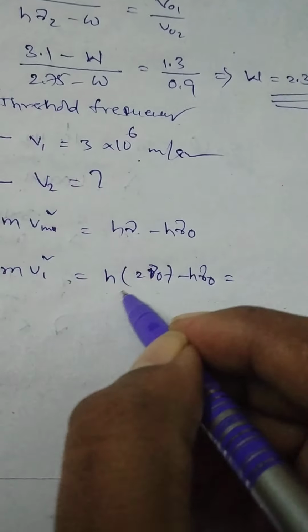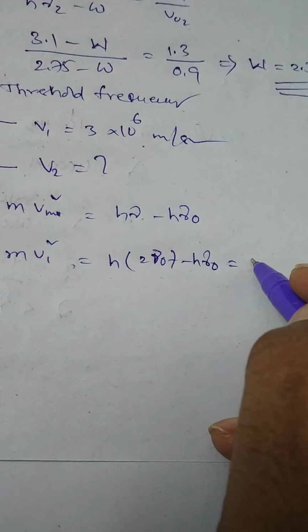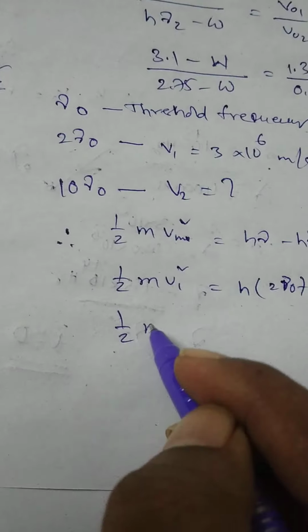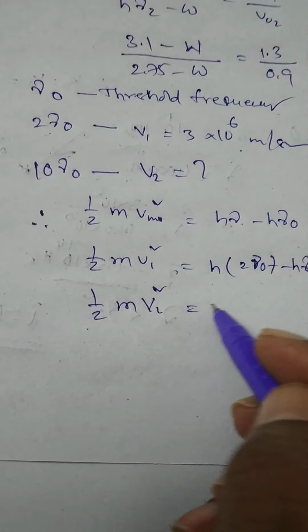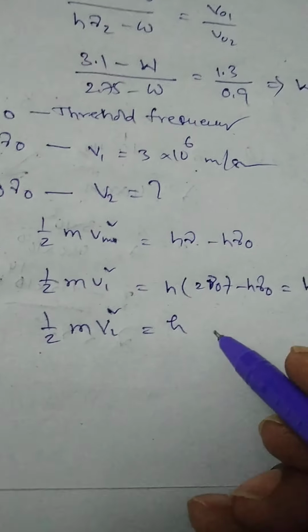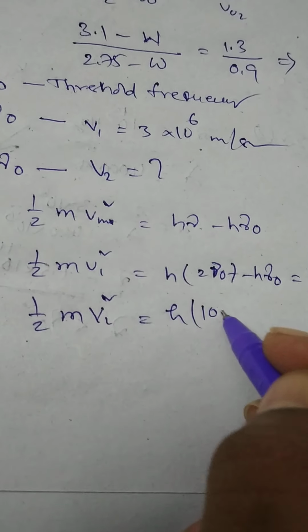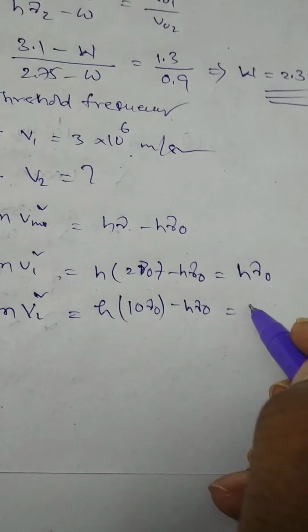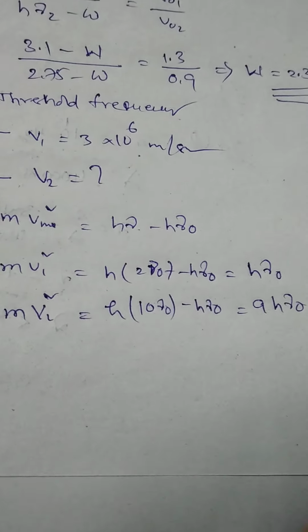That is equal to 2h nu naught minus h nu naught, which means h nu naught. In the second case, half m v2 square is equal to h into frequency of the incident photon, 10 nu naught, minus h nu naught. That is equal to 9h nu naught.